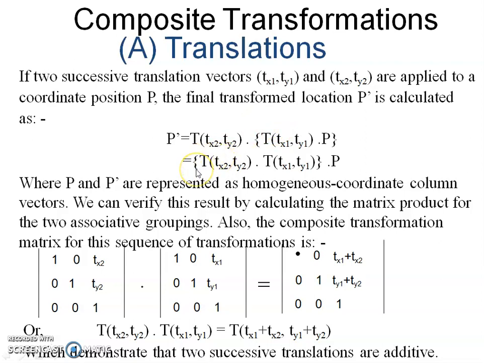So we can represent this as T of tx2, ty2 into T of tx1, ty1 into P, where P and P dash are represented as homogeneous coordinate column vectors.